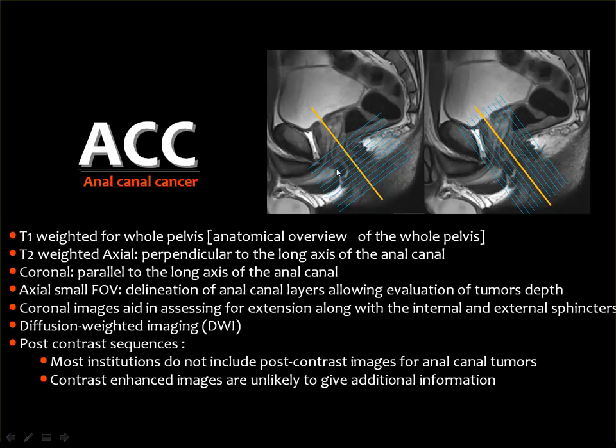This technique is very good for assessment of perianal fistula and also in assessment of the rest of the anal pathology. You have T2 weighted axial images, and you have coronal T1 and T2 weighted images, and it is better to have a relatively small field of view in order to obtain high resolution images.